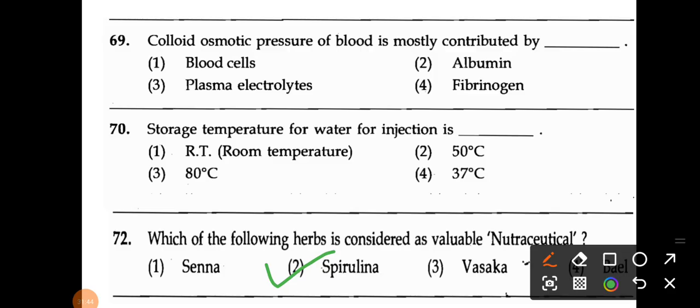You are not going to read like your glycosides, alkaloids. Please don't go for that. Just read the nutraceutical topics, what are the important nutraceuticals, and most of the time they have asked the question on the nutraceutical only, because in your syllabus they have mentioned the important nutraceuticals, that's it.